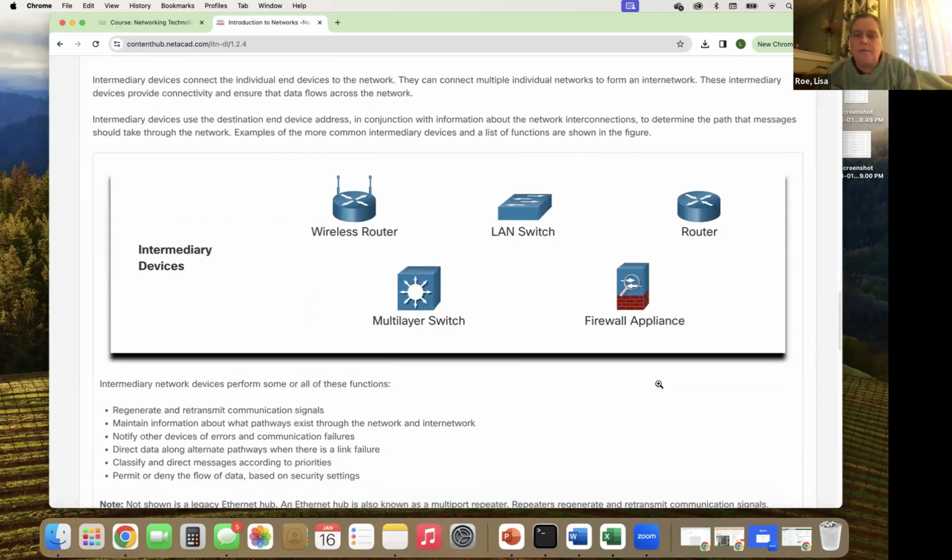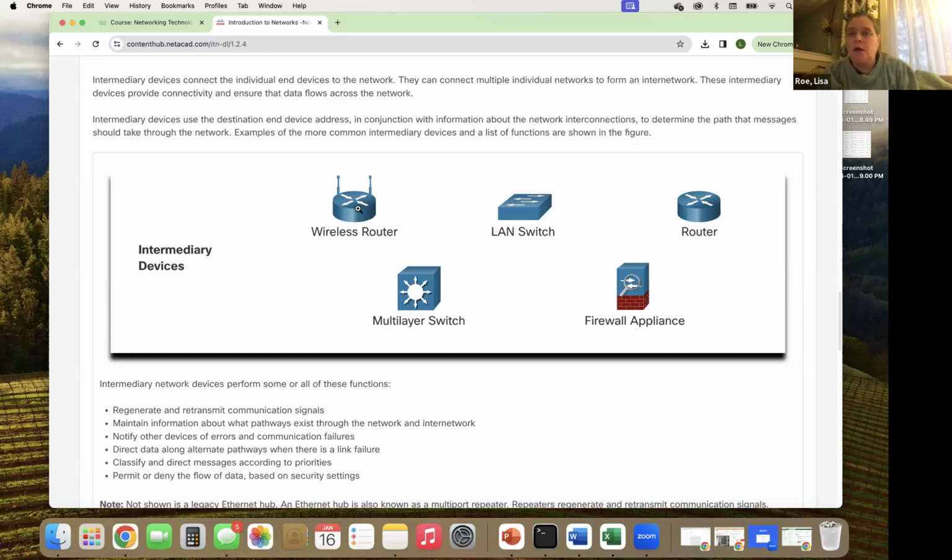So here are some of the intermediary devices I just mentioned. A wireless router that you use at home is considered an intermediary device. Some people call it a modem, and it's really not a modem technically. It could be if you have, for instance, Xfinity, but not Fios, like a cable ISP, you would use a modem.